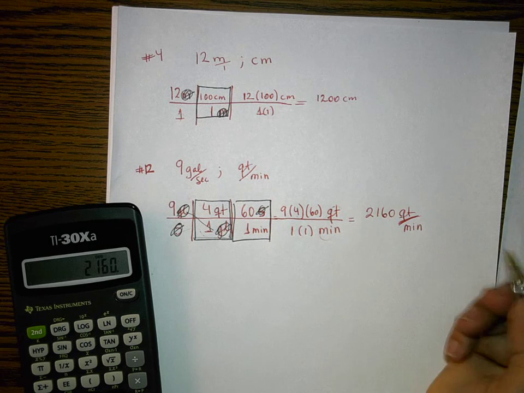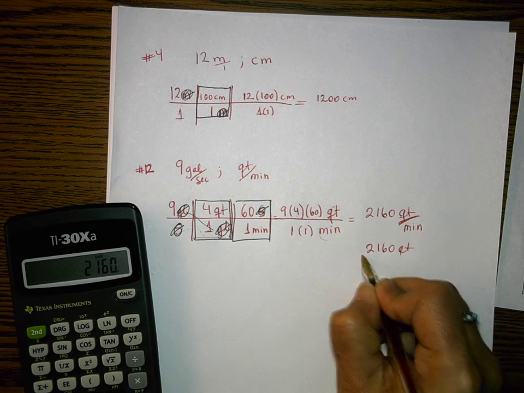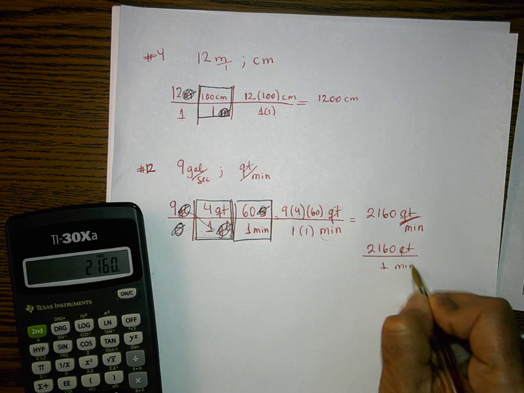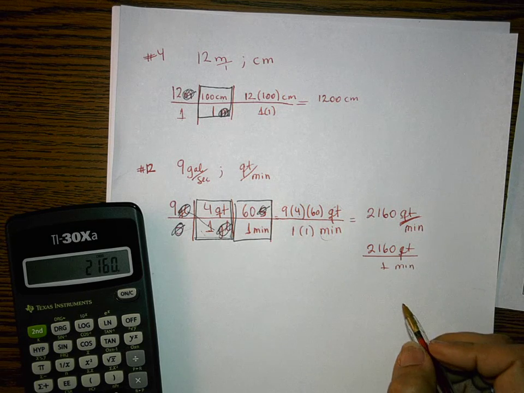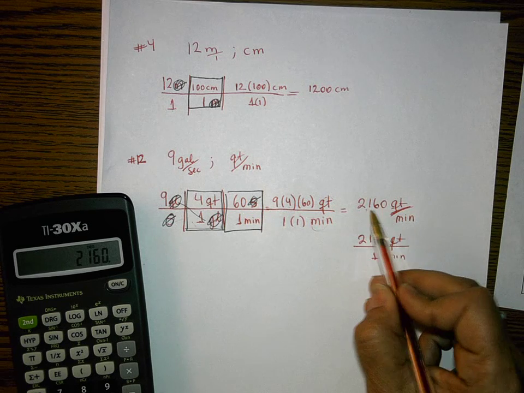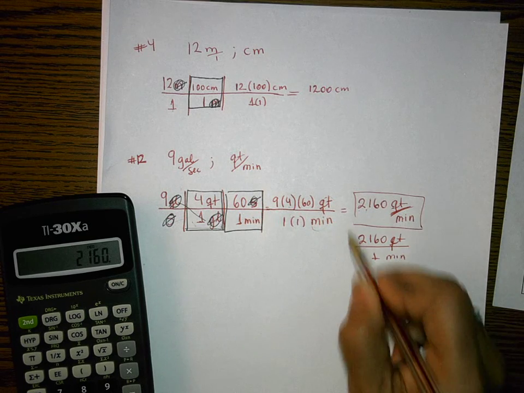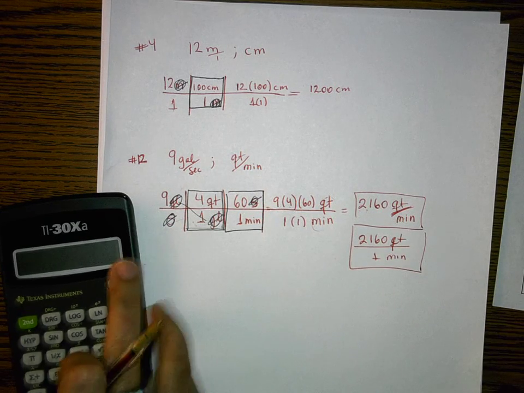Okay? If you want to show the whole thing, 2,160 quarts over 1 minute. That is definitely not incorrect, but it's just not as nice as just showing 2,160 quarts per minute. Okay? Either way, they're correct. Either answer is correct.